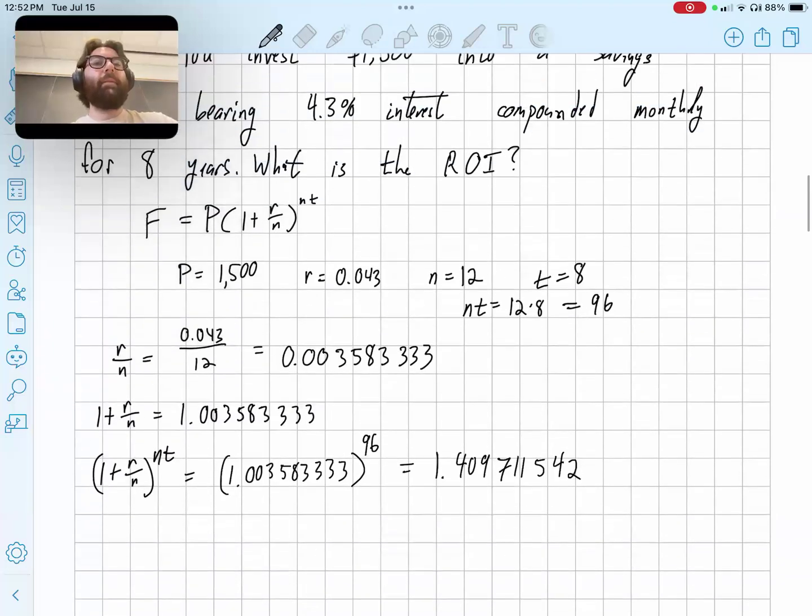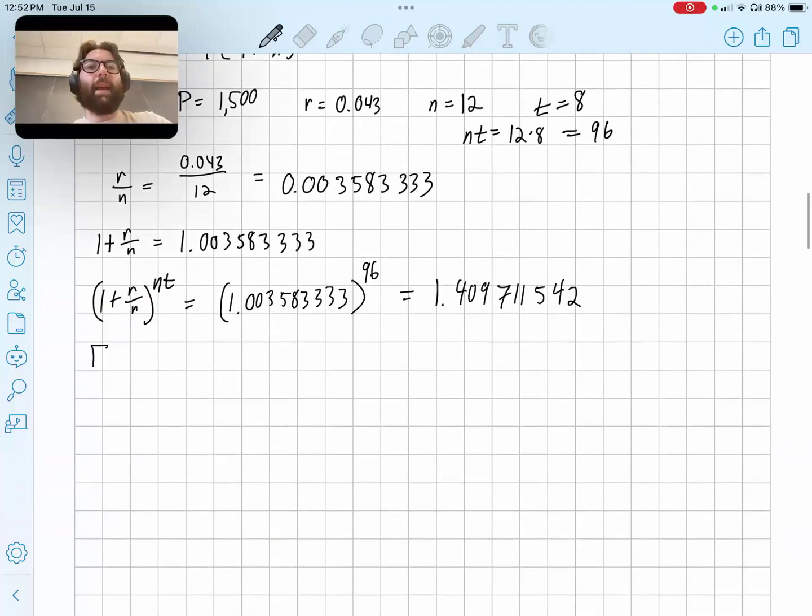And then finally, I'm going to multiply this number. So F equals P times 1 plus R over N to the NT.